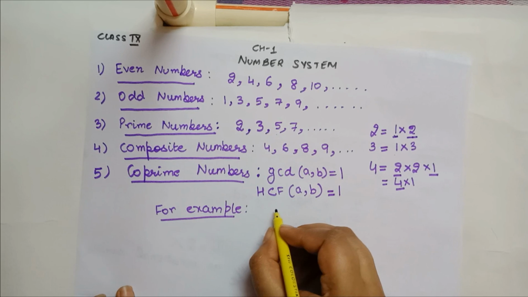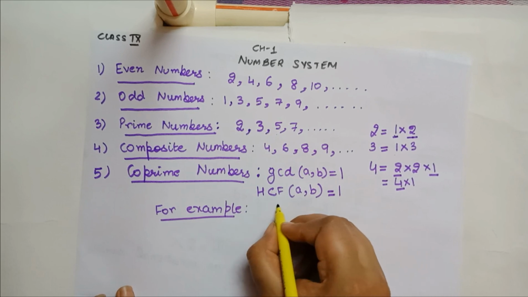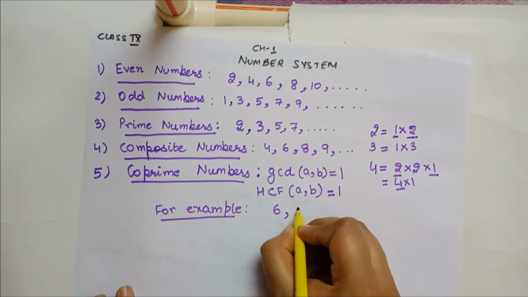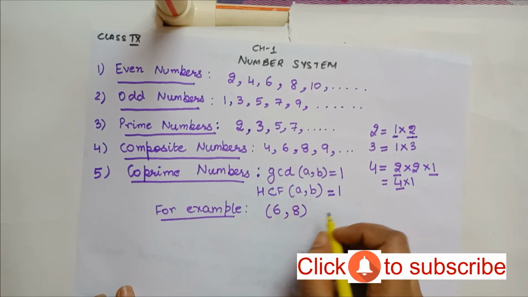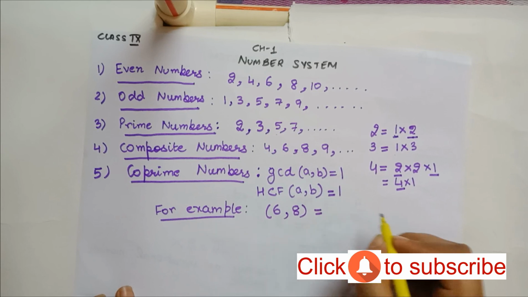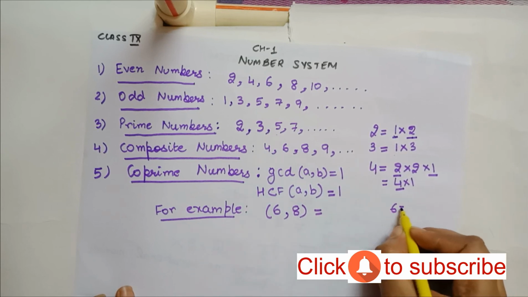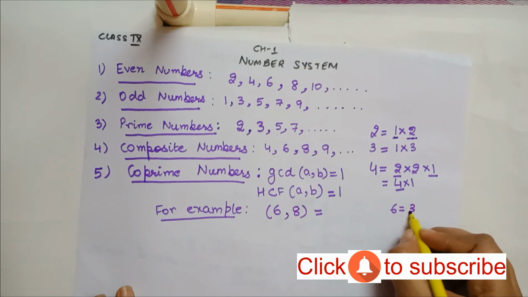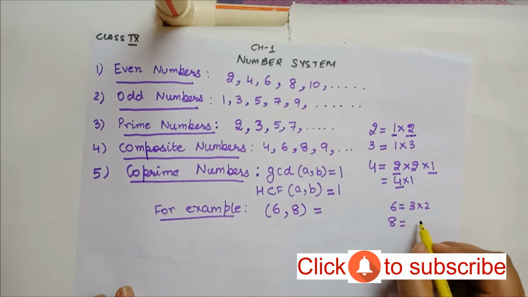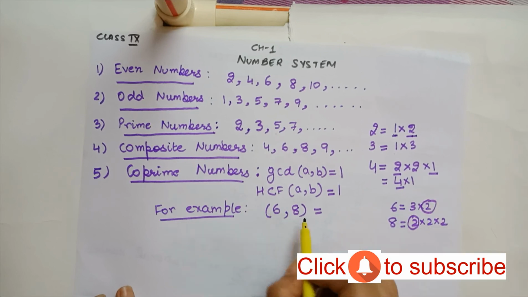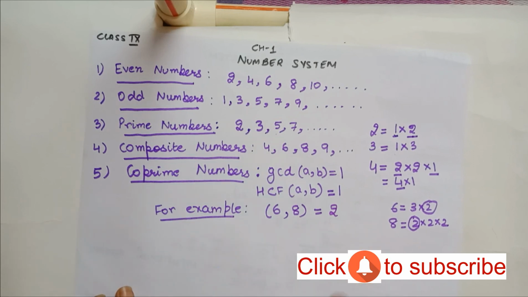For example, let's first take 6 and 8. We will take their HCF. 6 is 3 into 2 and 8 is equal to 2 into 2 into 2. What is common between 6 and 8? It is 2. HCF of 6 and 8 is 2. Okay, this is our HCF.